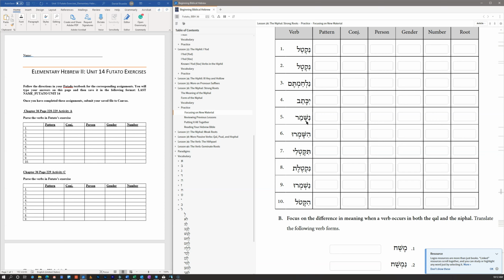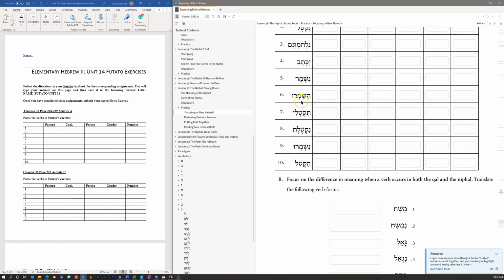Now, this is a Niphal imperfect 1CP because, again, the noon hirik here is the noon hirik of the imperfect 1CP. The noon hirik of the Niphal pattern has assimilated into the shin. So this, again, is Niphal imperfect 1CP.